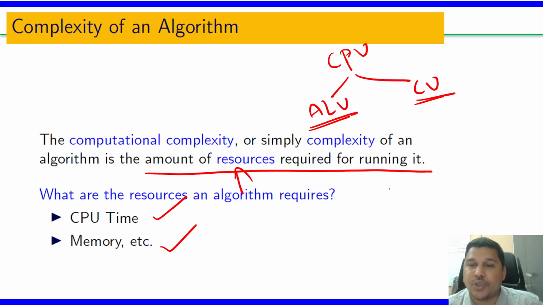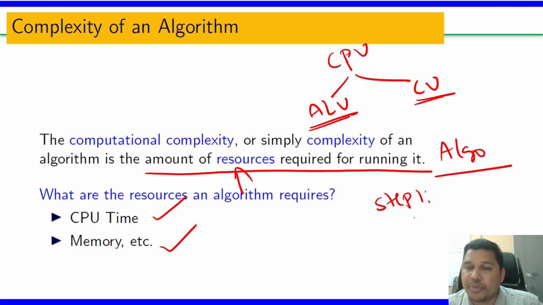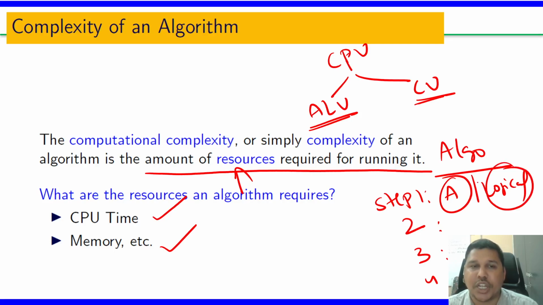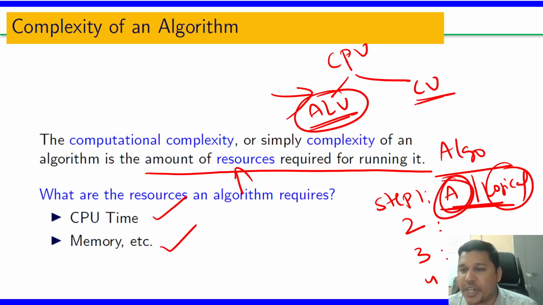So if you see any algorithm, step 1, 2, 3, 4, each of the steps either involves an arithmetic operation or some logical decision making, if or for, something like that. True or false, right? So CPU has the ALU, so it requires some time to do this arithmetic operation or this logical operation. It takes some time, right?